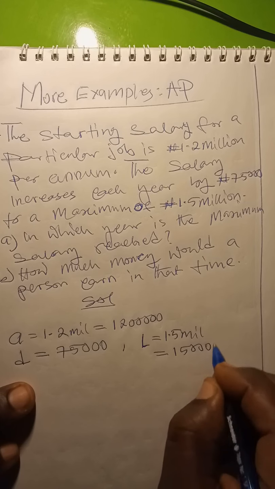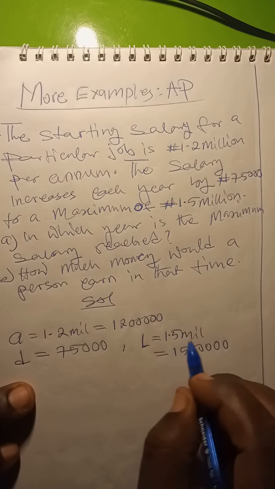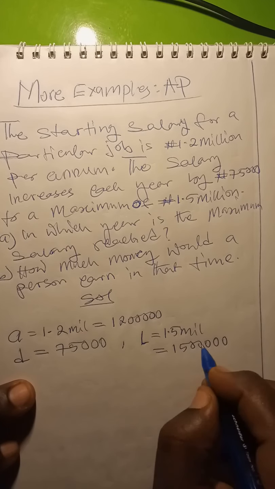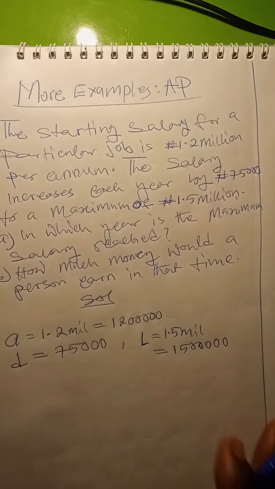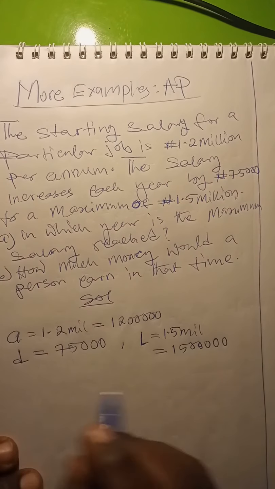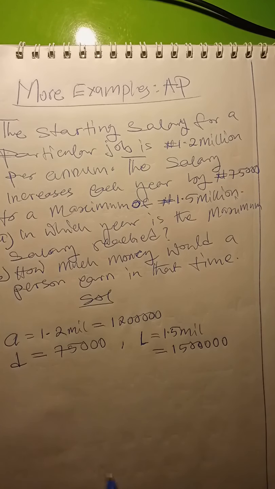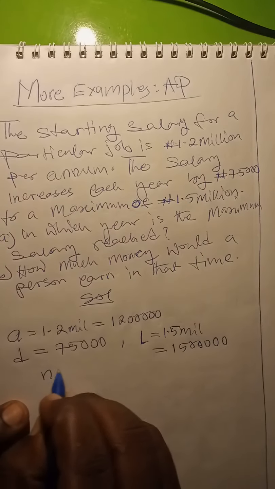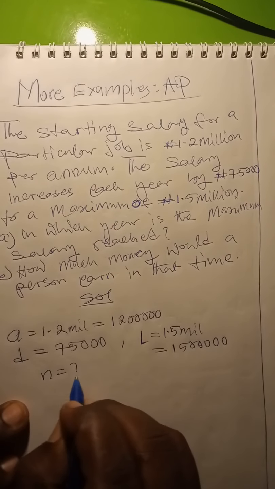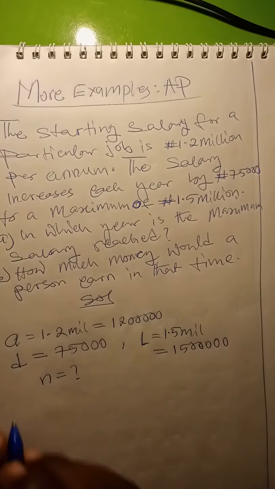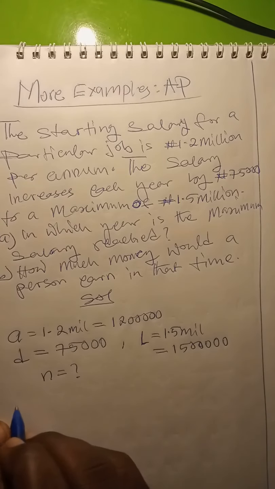You can also work with these in millions, no problem, but keep in mind that you're dealing with millions. Now, the question is, in which year is the maximum salary reached? You don't know which year, so N is unknown. I have to find N.